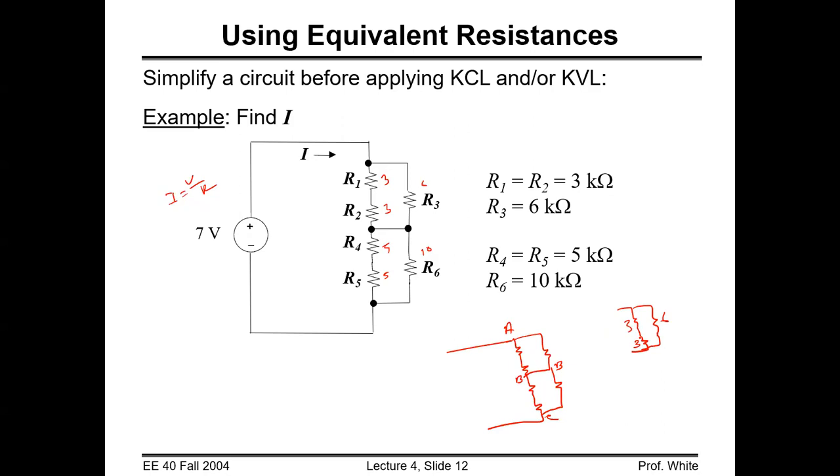First 3 and 3 are in series. Then 6 and 6 in parallel give one resistance of 3. So this point is 3. And another, 5 and 5 make 10, and this is 10, so 10 and 10 in parallel give 5. So your total equivalent resistance is 8. Clear? R equivalent is equal to 8.